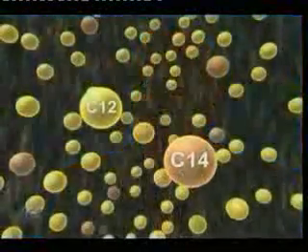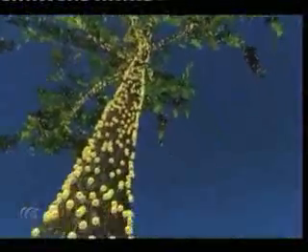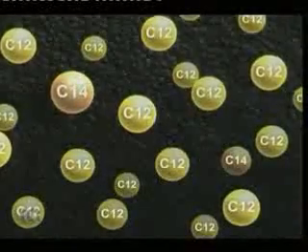Carbon-14 in coal, it simply is the carbon-14 that was in the trees and other kinds of plants that were buried in the flood. So the way that this carbon-14 got into the coal was simply, it was in the living organisms before the catastrophe.